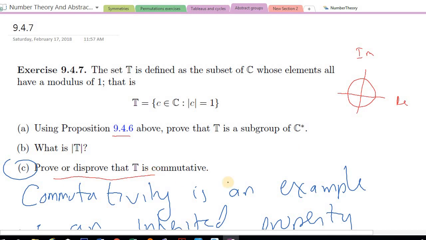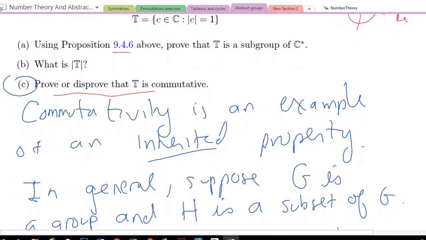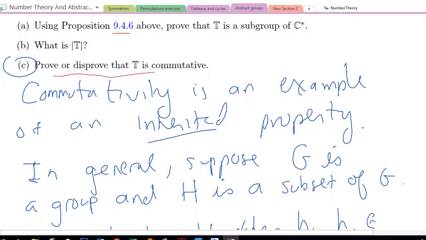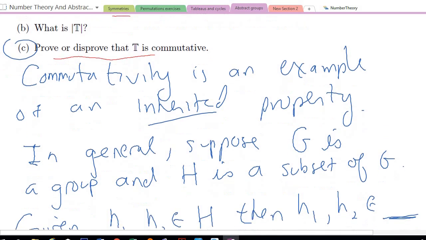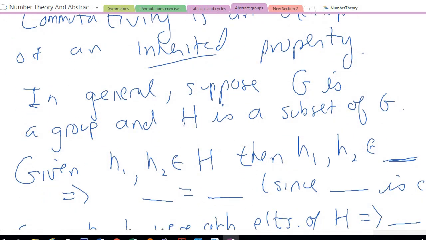Now, this is an example of what's called an inherited property. So this should not be a complicated proof. But the thing is that if you have a large set that's commutative, then any subset is also going to be commutative. So I write that out down here. Suppose G is a group, and H is a subset, not even a subgroup, but a subset of G. If you have two elements of H, then those two elements are also in G, right?